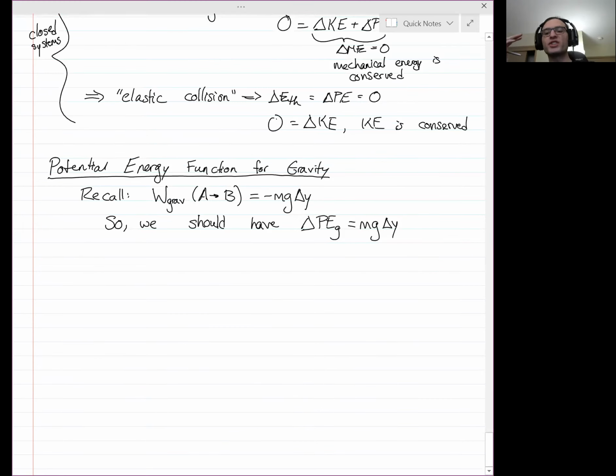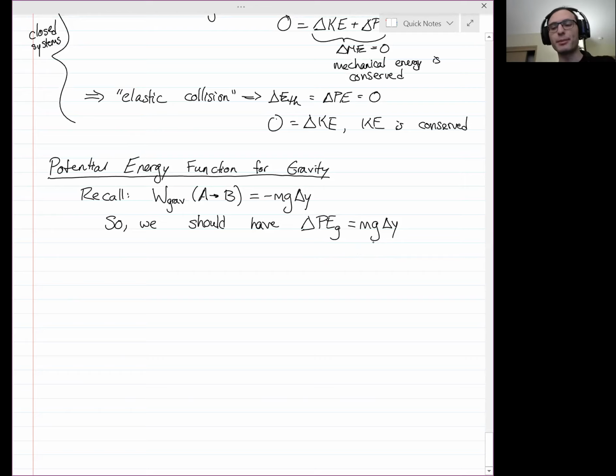So then the question is, if this is the change in the potential energy due to gravity, then we should be able to find two values that we can subtract from one another to get that change. There should be a potential energy at point A and a potential energy at point B, and then you can just subtract them to get the change in the potential energy. Whatever that answer turns out to be, it has to be equal to mg delta y.